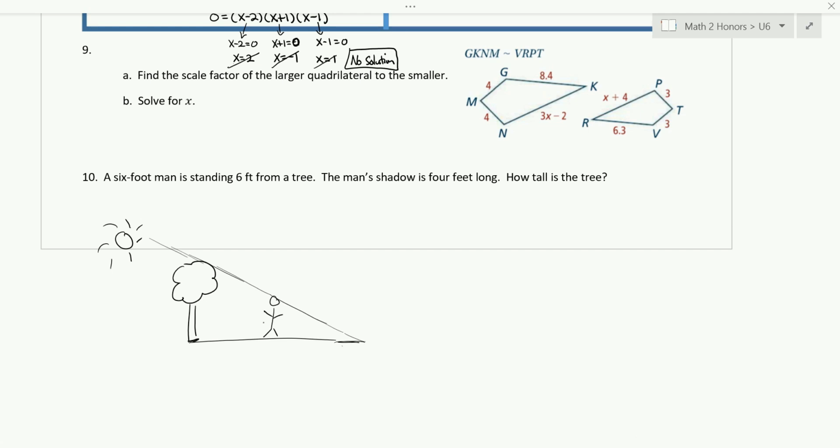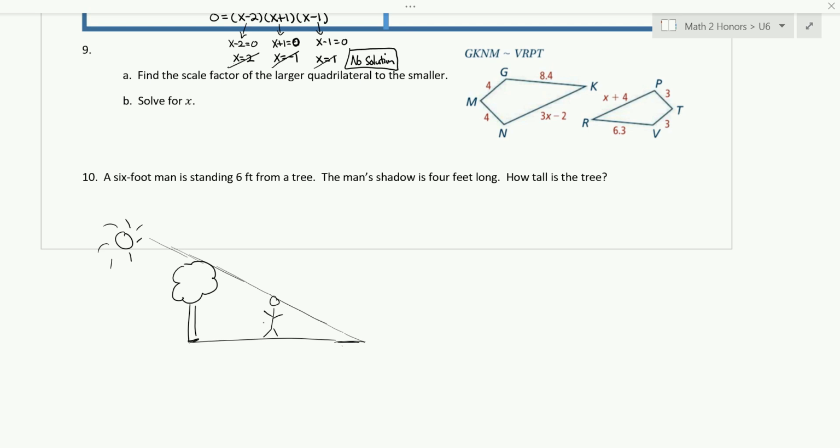We're looking for some kind of picture like this, right? Like my fancy picture. I'm an artist on the, this is my second job here. So there's my tree, there's my 6-foot man, and there's the sun out and it's casting shadows, right?